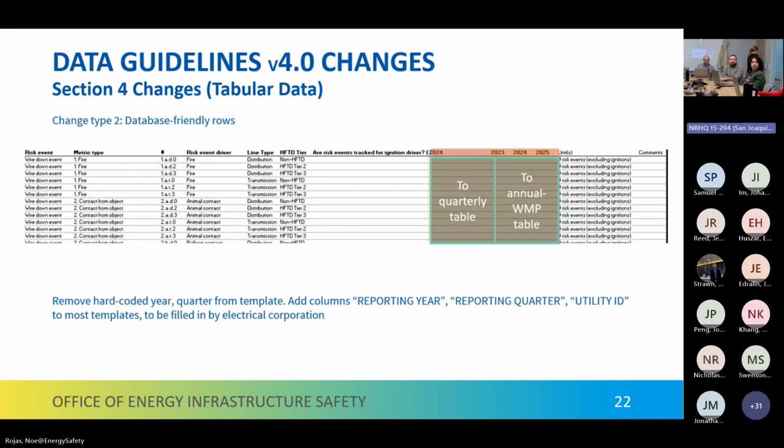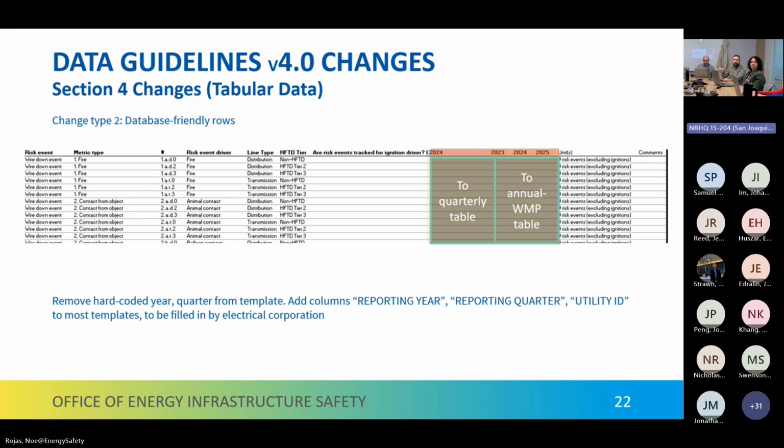Okay, so the second change is to make this a little bit more database friendly. We basically remove the hard-coded year and quarter from the template. If you remember, in the old templates we had a year and a quarter at the top of the template, which was a big source of confusion and challenges on our end, but also just having them built in meant that you had to get a new template every quarter. That was very tricky to keep track of.